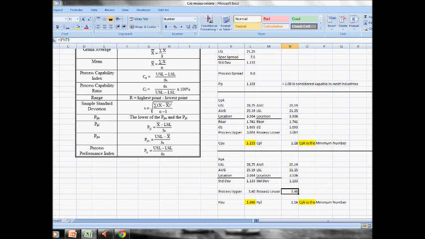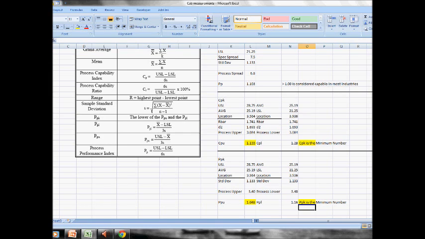You do that for the upper, you do it for the lower, calculate the numbers out, and you get these two numbers here, 1.048 for the upper side and 1.16 for the lower. PPK is the minimum number between these as well, so it'll be the 1.048.